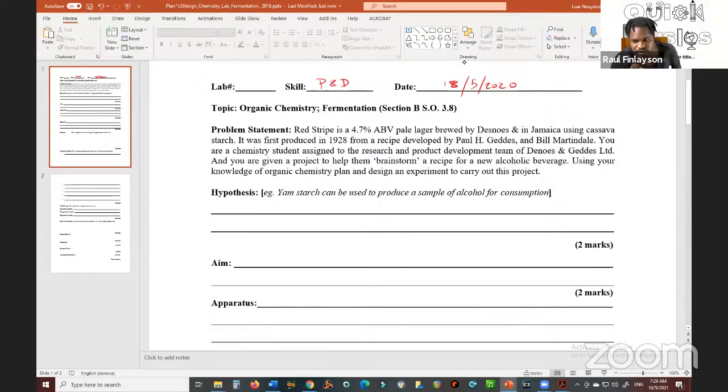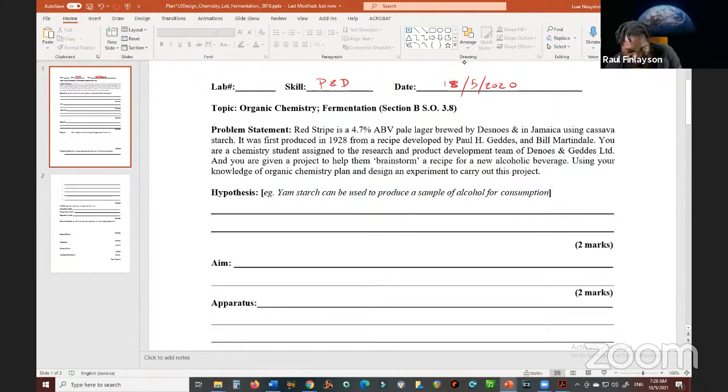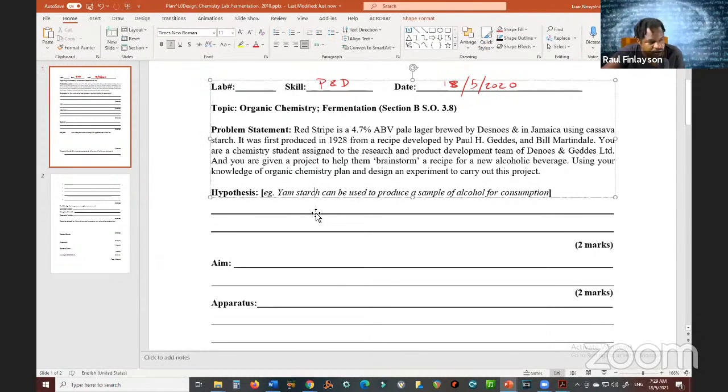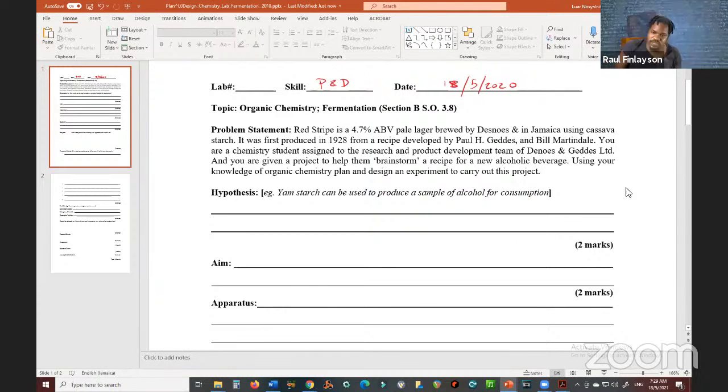And so you're going to use your knowledge of organic chemistry to plan and design an experiment to carry out this project. All right, guys, I'll just give an example of the hypothesis here. You can use any starch. Think of anything sweet or with sugary or starchy properties that you can use. Yam you can use. I just put that there as an example.